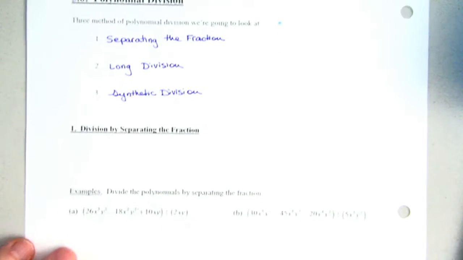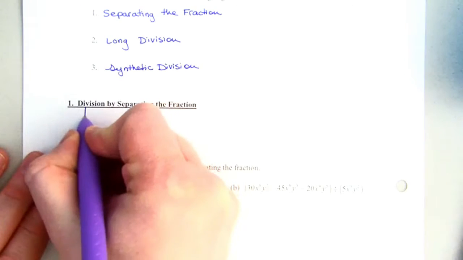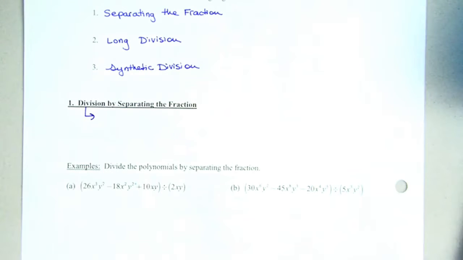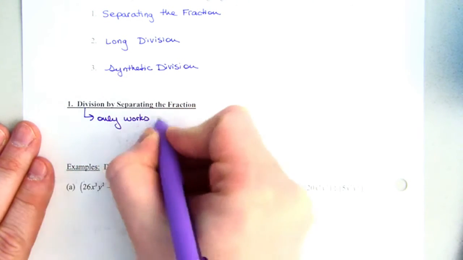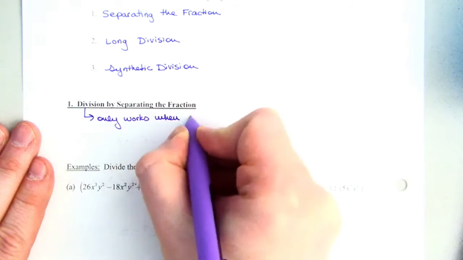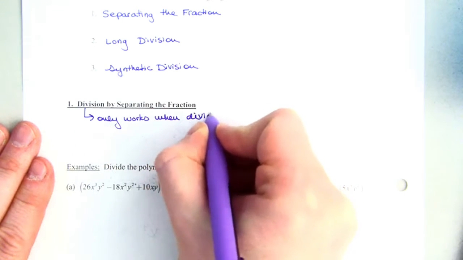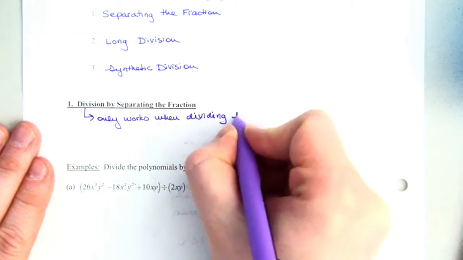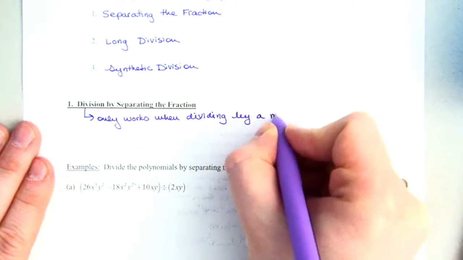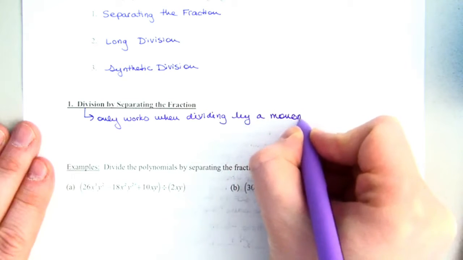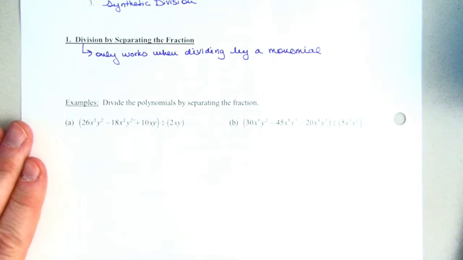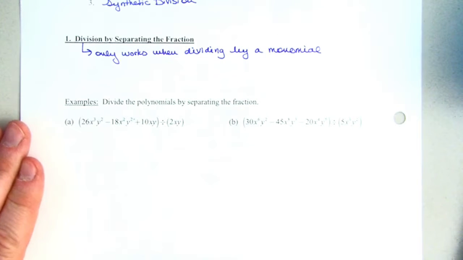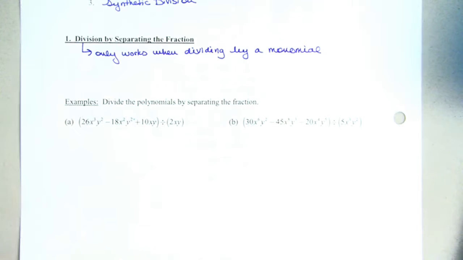Method number one, division by separating the fraction. This method only works when dividing by a monomial. This method I'm about to show you will only work when we are dividing by a monomial.